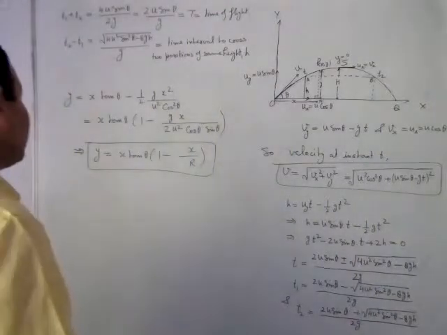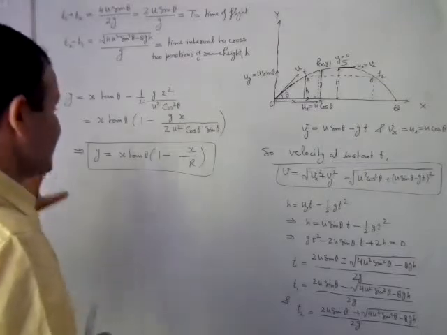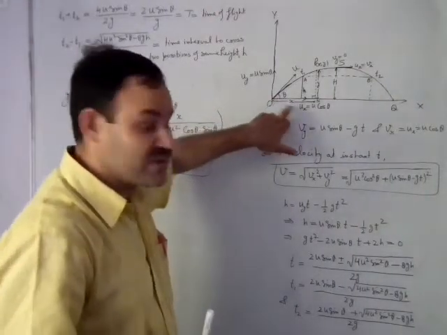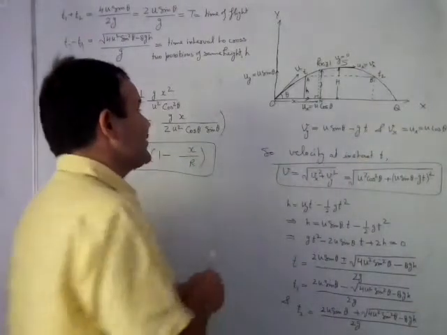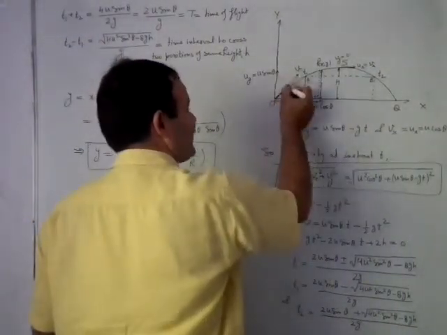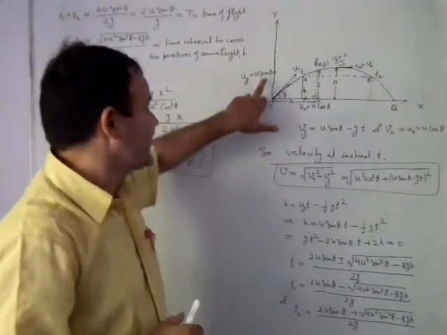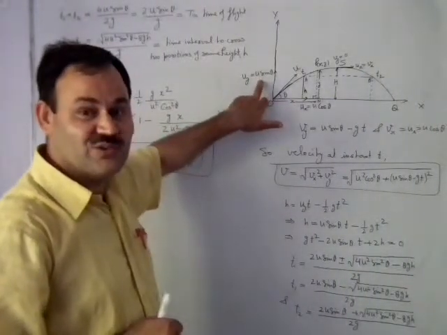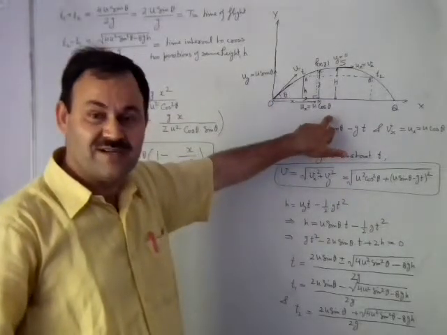One more thing, if the angle theta is not given from the horizontal but is given from the vertical, then these components u sin theta will change to u cos theta and u cos theta will change to u sin theta.